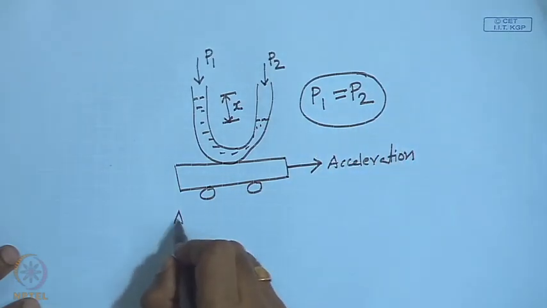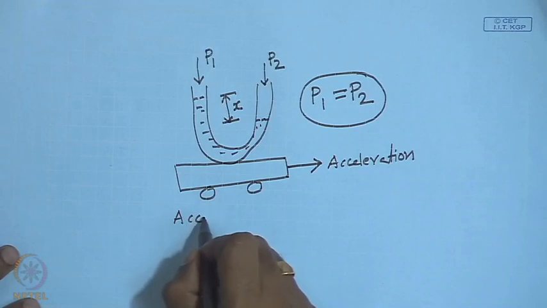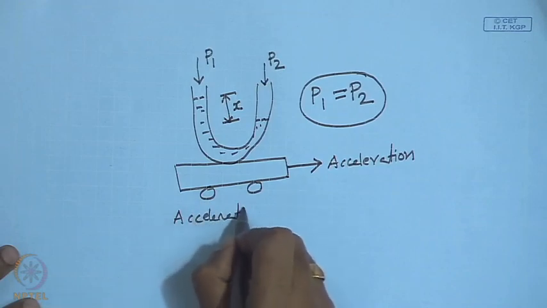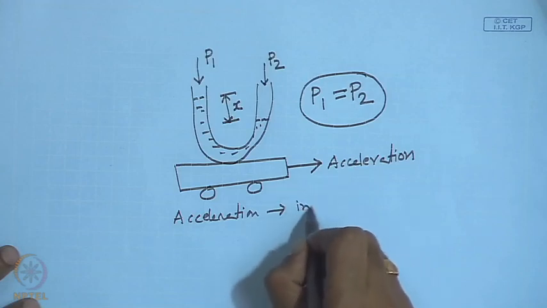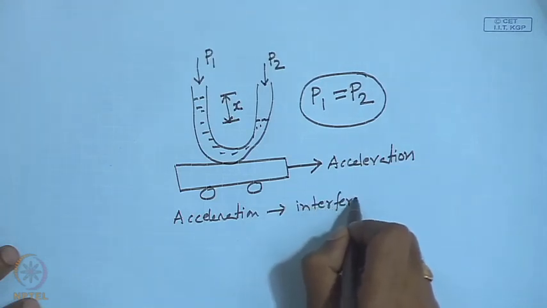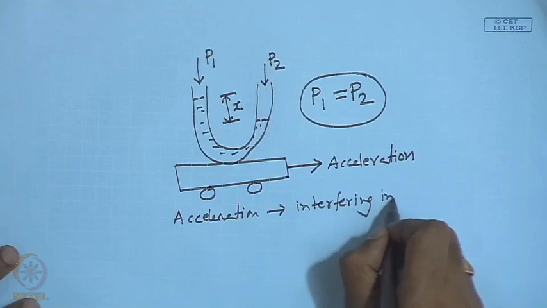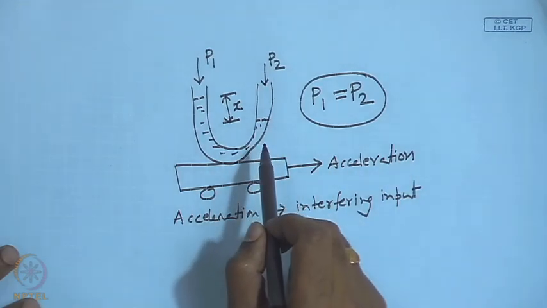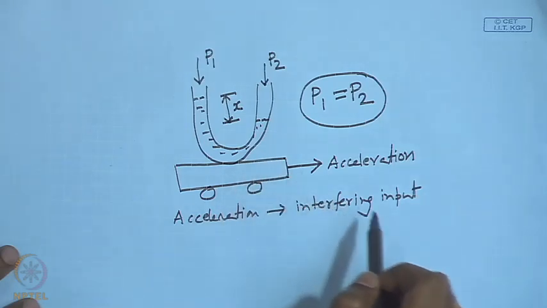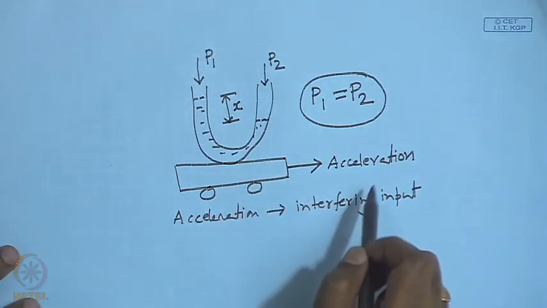So, acceleration is working as an interfering input. The manometer has become unintentionally sensitive to acceleration.